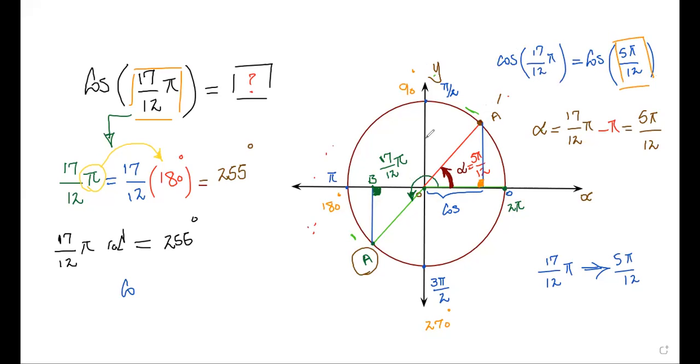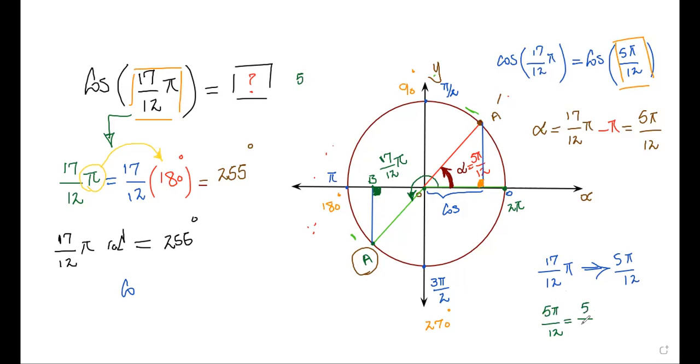Now, again, you ask yourself, 5 pi over 12. How much degree is that? There's an ethical cheating here. How much is that? We say that 5 pi over 12, you multiply that pi by 180.